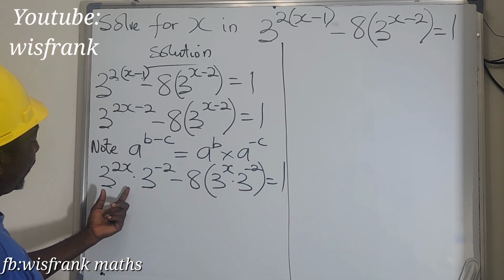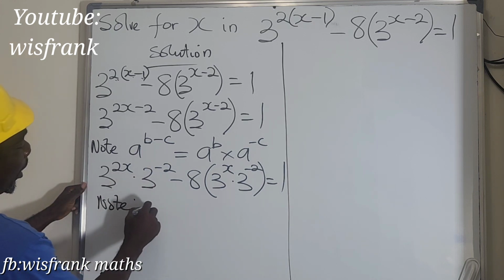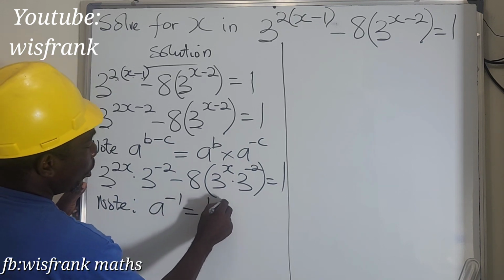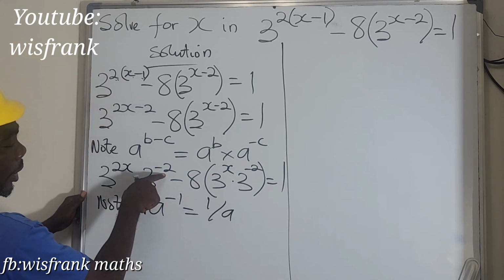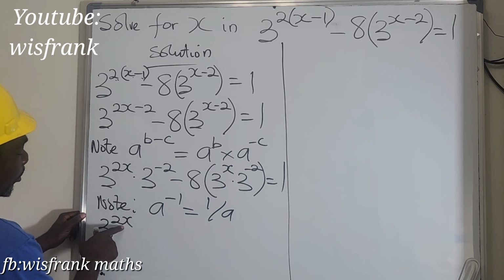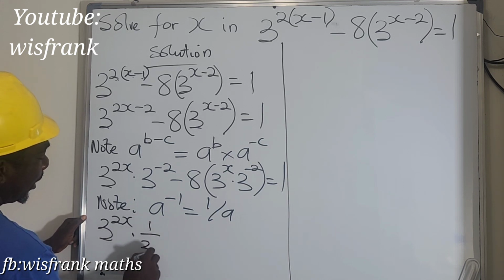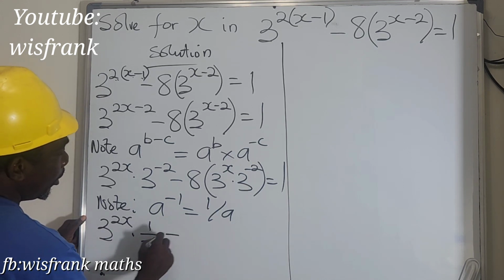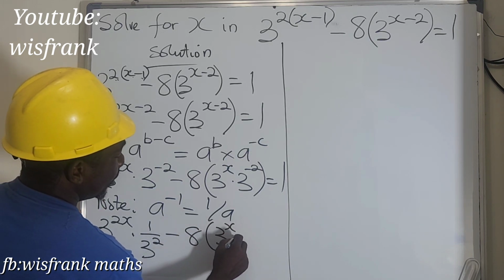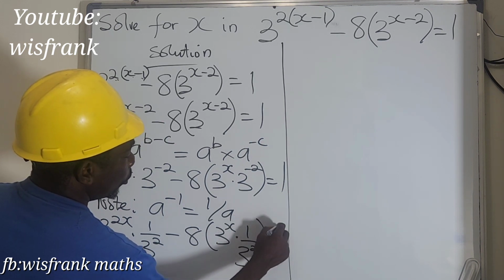Now we have this. If we have a to the power of minus 1, it is the same thing as 1 all over a. So here, this will become 3 to the power of 2x times 1 all over 3 to the power of 2, minus 8 into 3 to the power of x times 1 all over 3 to the power of 2, equals 1.